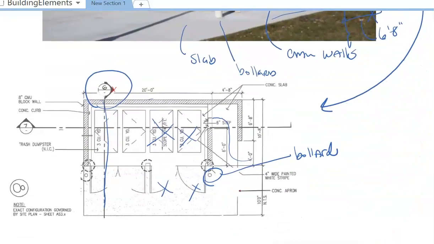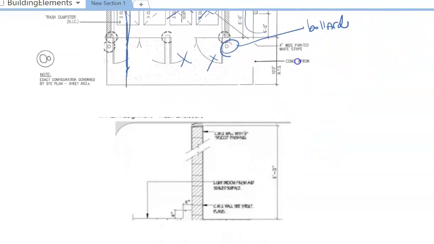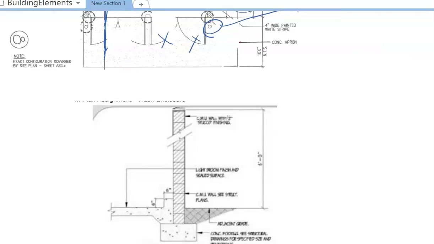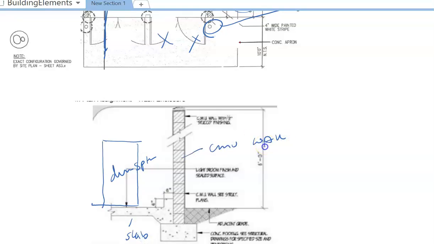So that sideway cut is essentially cut right here, and in that sideway cut we can see that. If we were to draw the dumpsters in, this might be a dumpster, and here's our slab, and here's our CMU wall. And in this section, we can see the height.